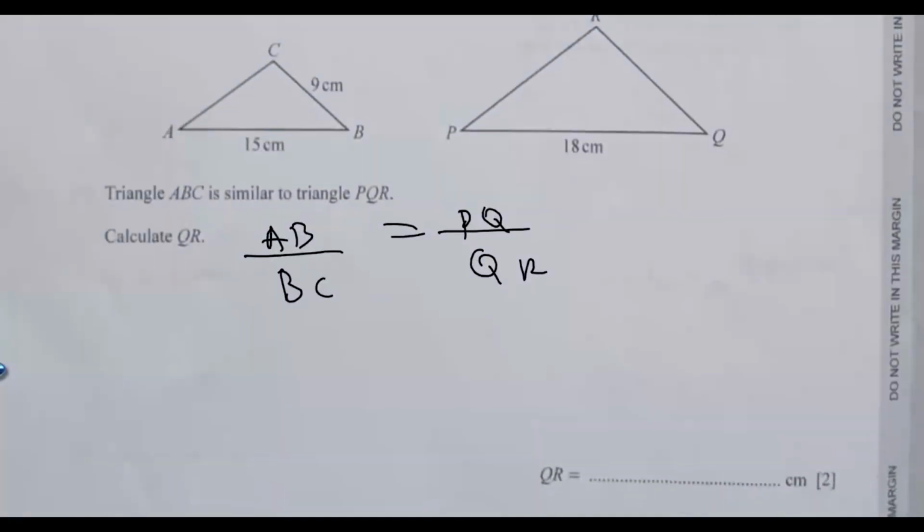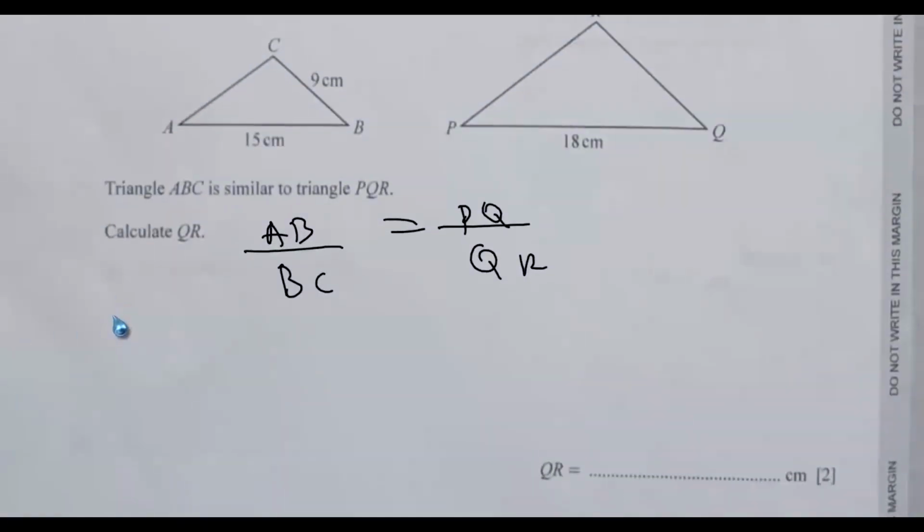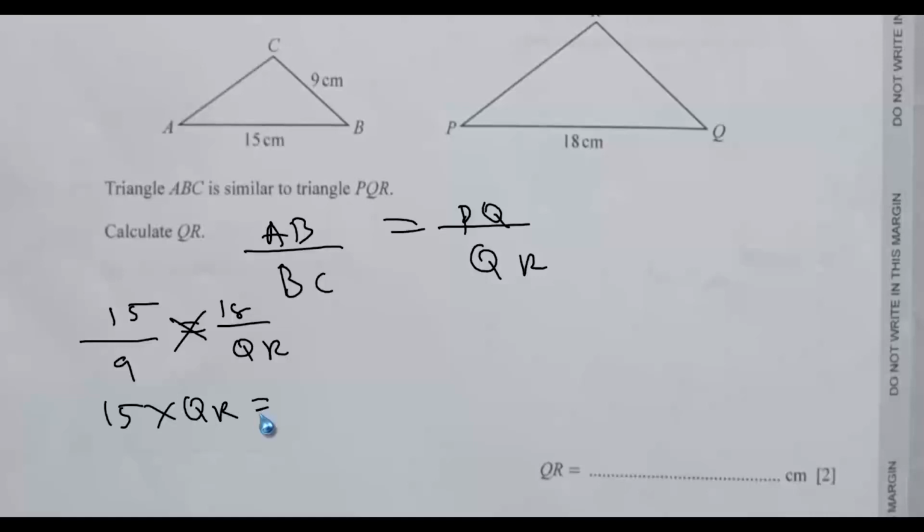Now let's substitute the values there. AB is 15, BC is 9, equals PQ which is 18, over QR. If you cross multiply, we are going to have 15 times QR equals 9 times 18.